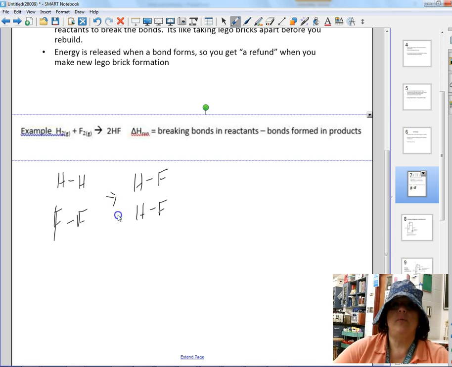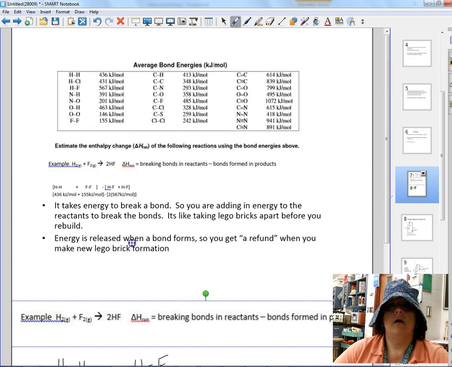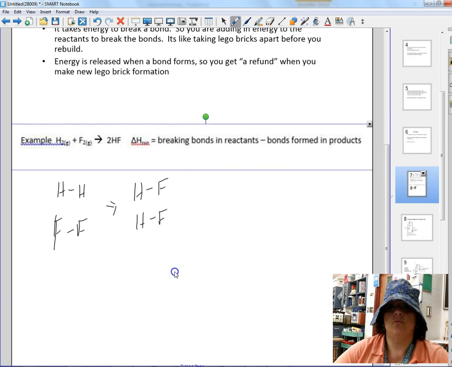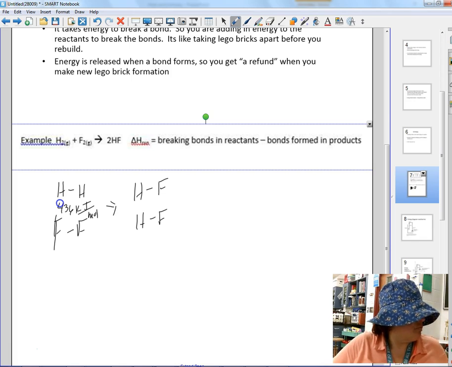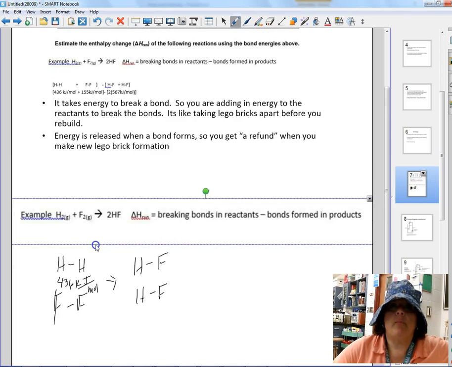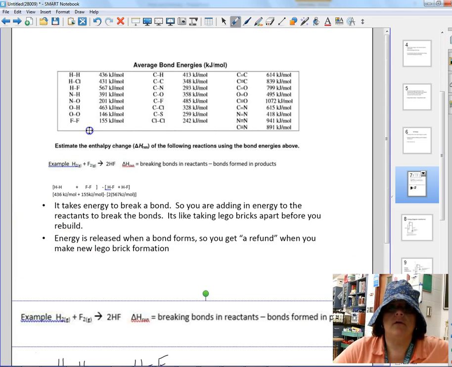So if we scroll back up and look, hydrogen bonded to hydrogen, 436 kilojoules per 1 mole. So to break this bond, it's going to be 436 kilojoules in 1 mole.